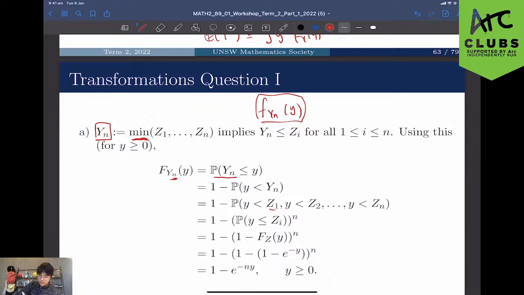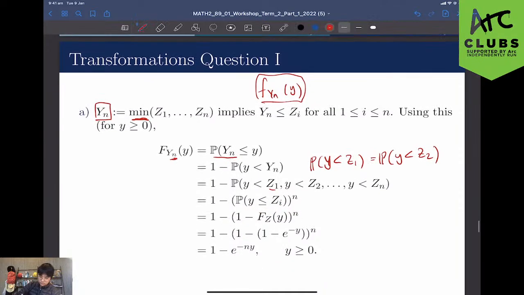So we can simplify it down to here, since all of these are the same, so we can have it in terms of the CDF of Z. And recalling that I found the CDF of Z to be 1 minus e to the power minus z, we just sub in here, do some algebra, and end up with 1 minus e to the power minus ny.